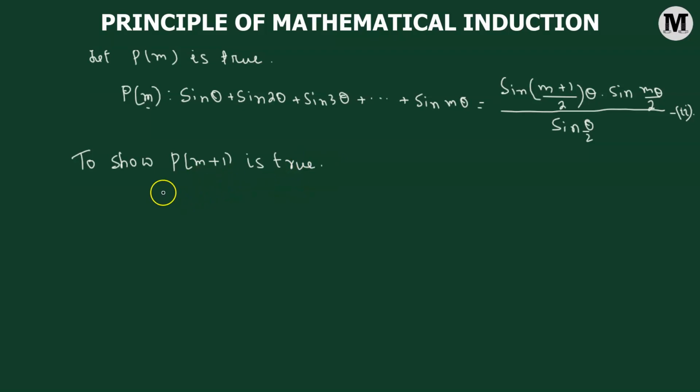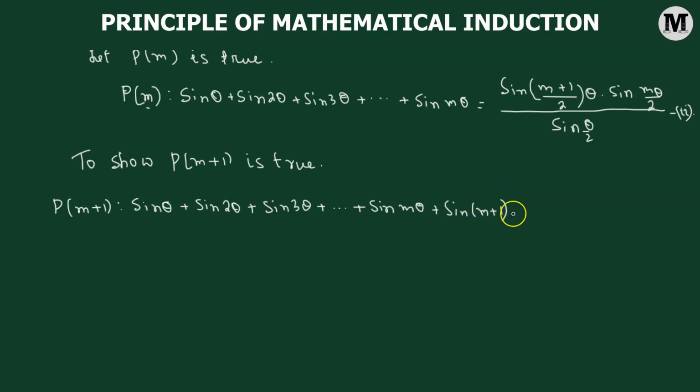Now, what does P of m plus 1 stand for? P of m plus 1 is the statement: sine theta added to sine 2 theta added to sine 3 theta, all the way up to sine m theta. But since we are considering the term consecutive to m, we will also have another term, which is sine of (m plus 1) theta.